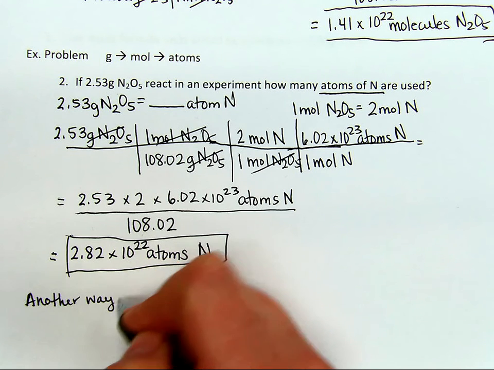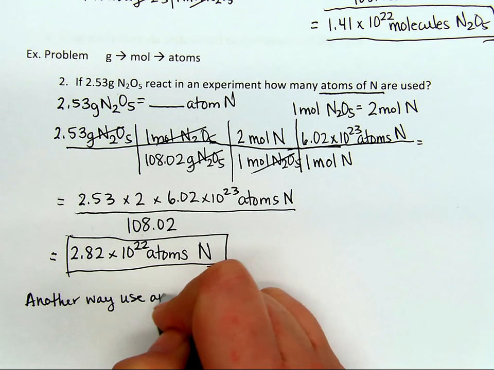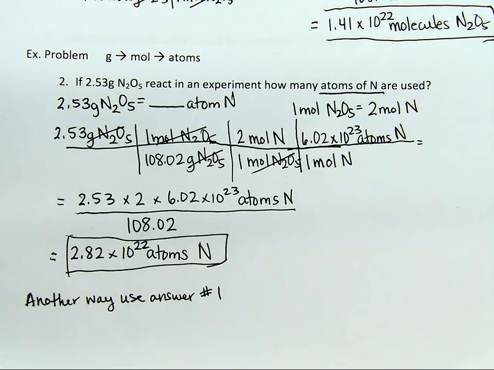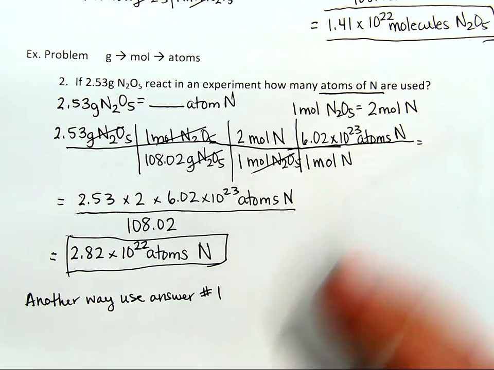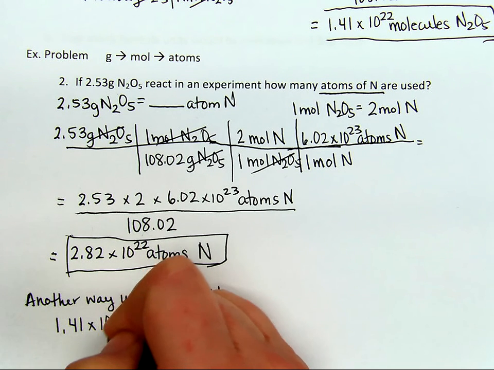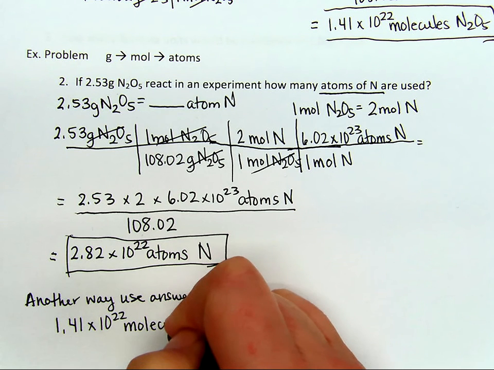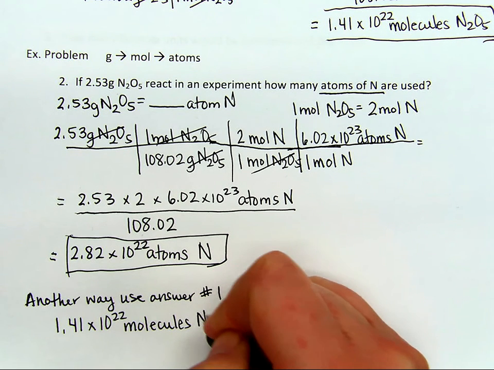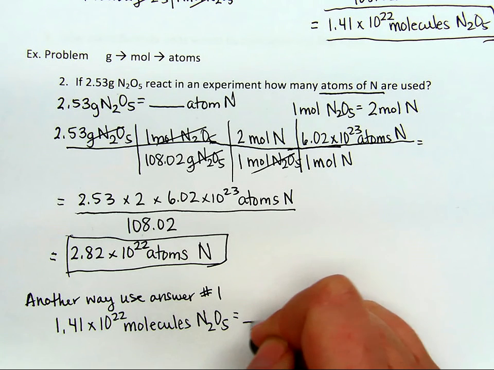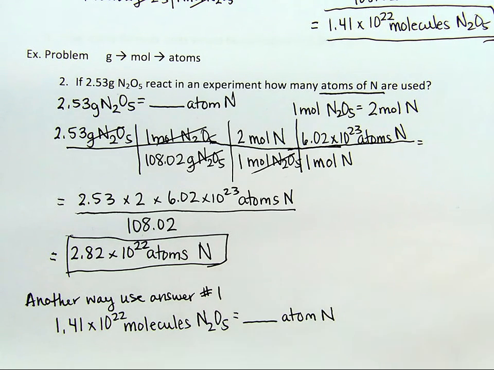If this were a continuation, we're going to use the answer in number 1. What was the answer in number 1? The answer in number 1 is 1.41 times 10 to the 22nd molecules of N2O5. And we want to know how many atoms of just nitrogen this would be.